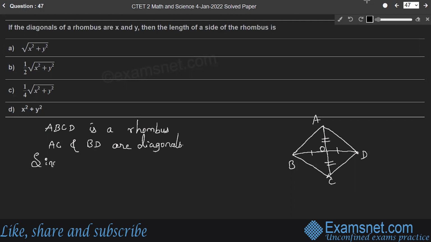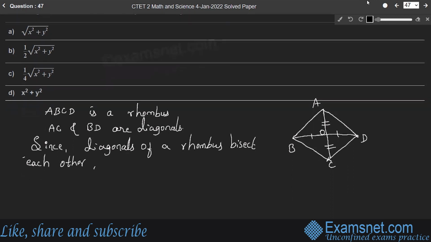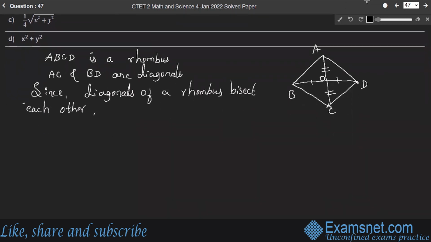Since diagonals of a rhombus bisect each other, AO is equal to OC and BO is equal to OD.